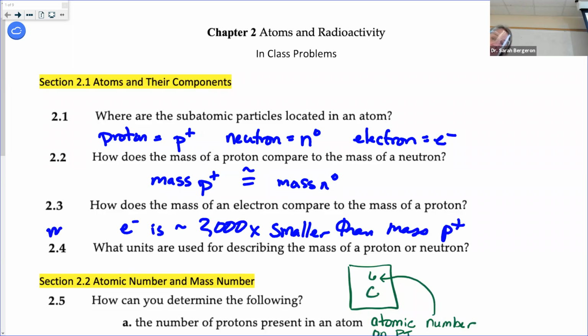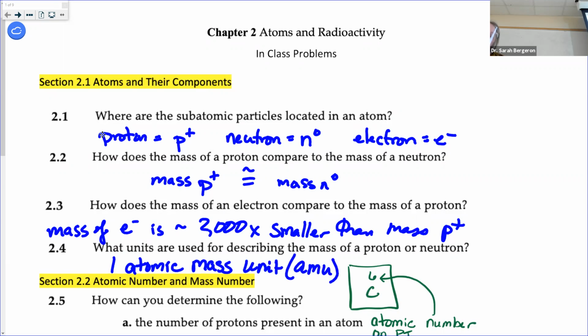So the mass of an electron is about 2,000 times smaller. So vastly smaller, right? So if we want to say the approximate mass of a proton or the approximate mass of a neutron, what do we say that is? 1 atomic mass unit, and we abbreviate that AMU.